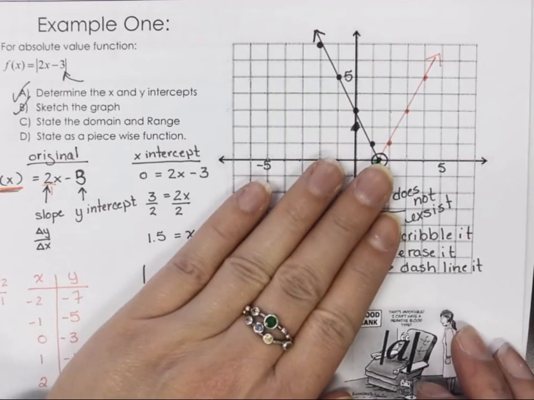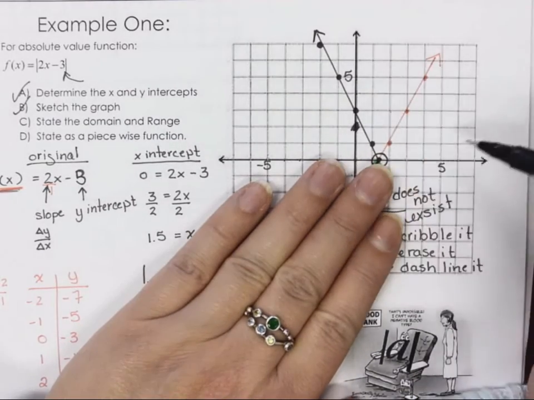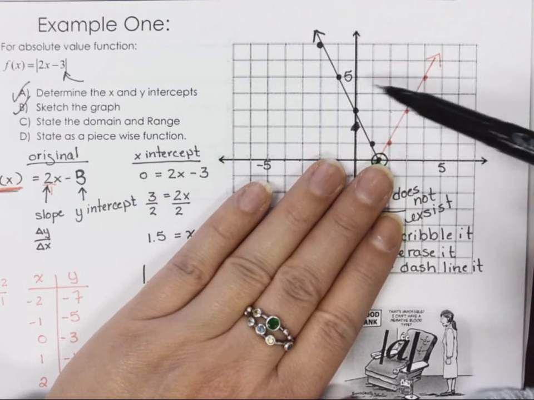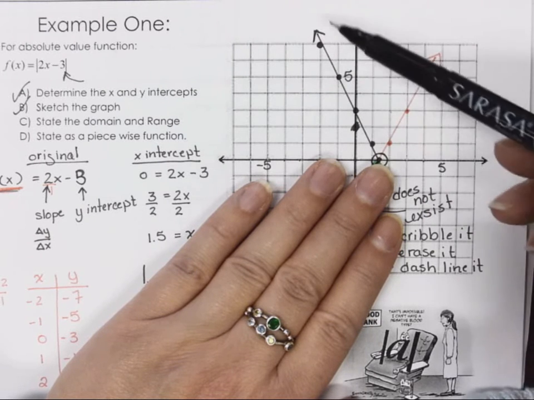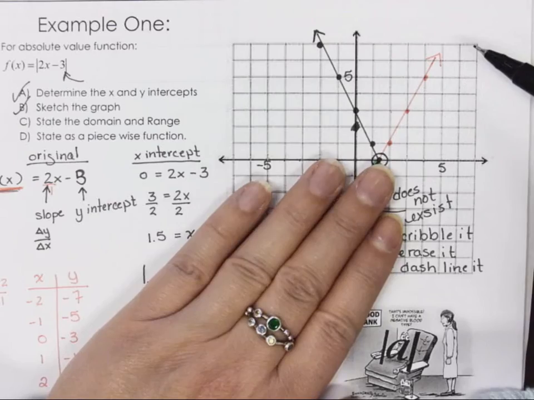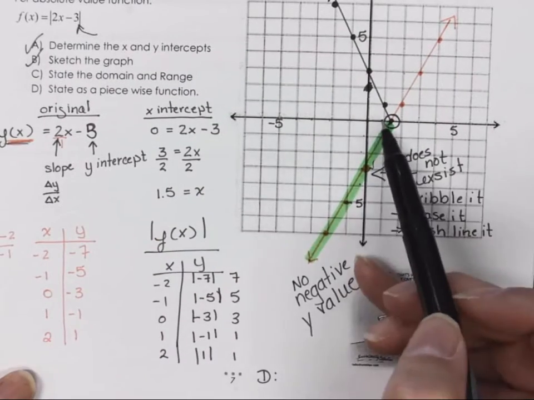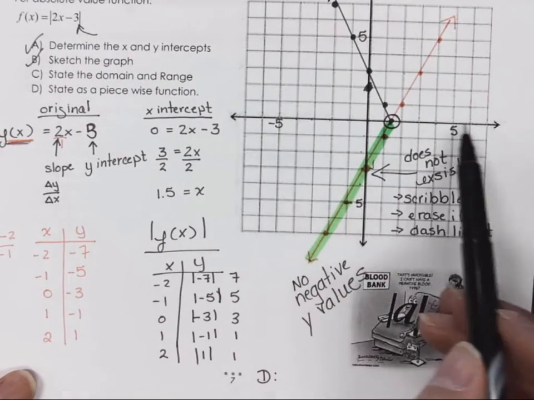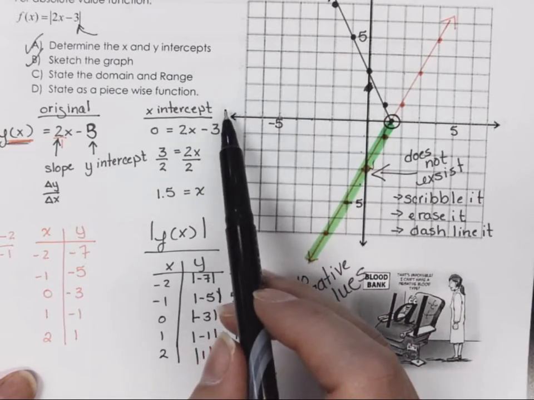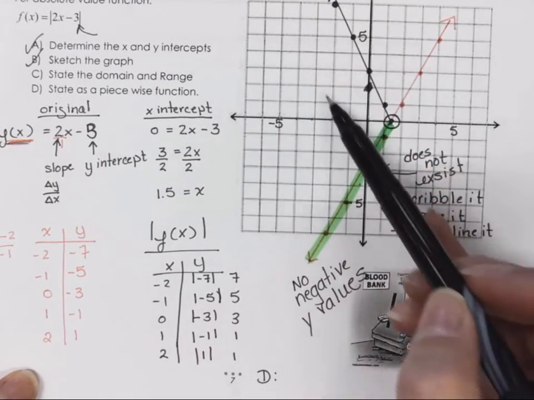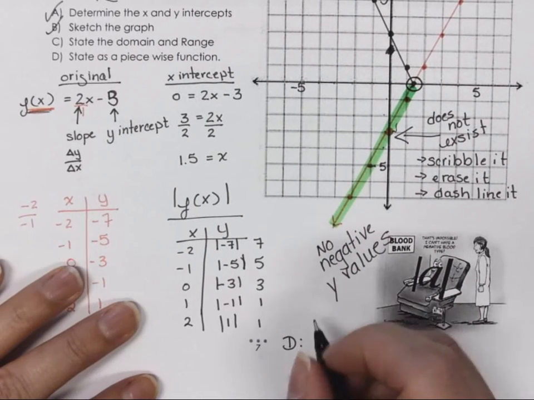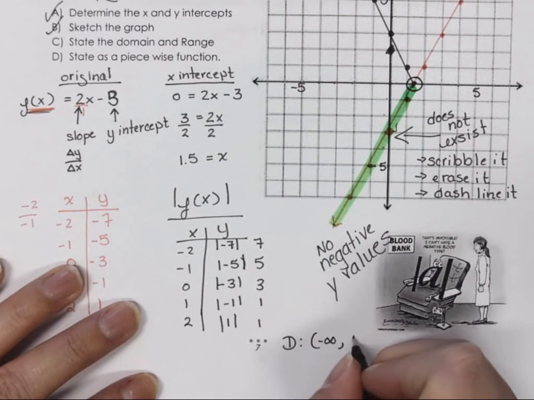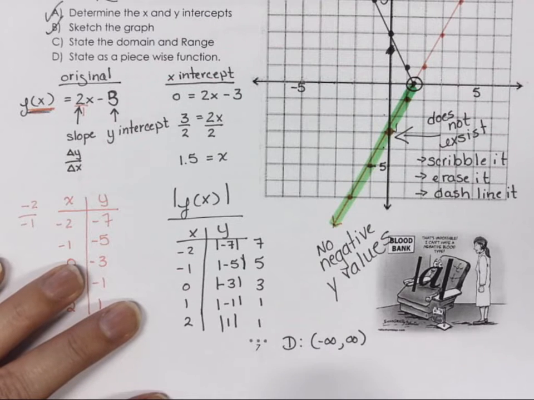Remember that this doesn't exist, and both parts of the V make up the absolute value graph. Remember, domain is x values. Can I have negative x values? Yes, you have a whole bunch of them over here. So what's my domain? Brilliant. And don't forget your round brackets on that.